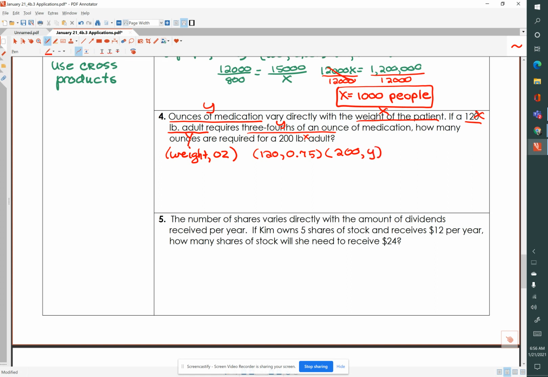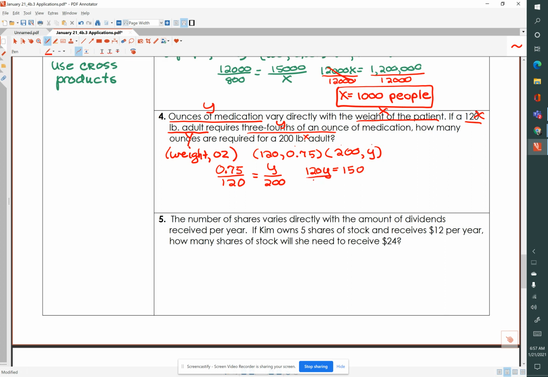Now we just set up the problem. So X, Y, X, Y. So 0.75 over 120 equals Y over 200. Now we use cross products. 120 times Y is 120Y. 0.75 times 200 is 150.